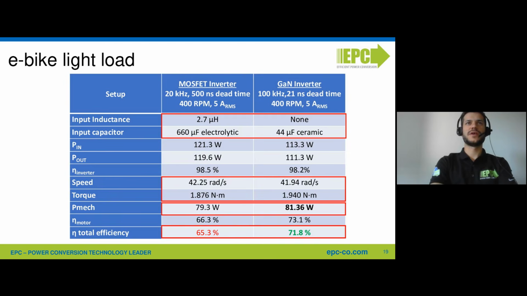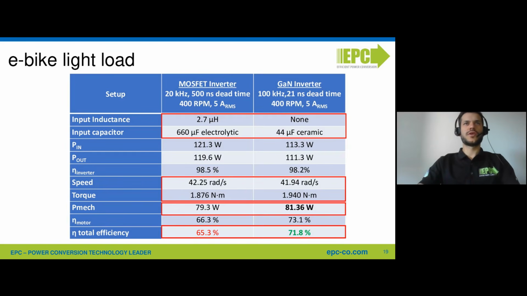So we have a MOSFET inverter driven at 20 kilohertz and 500 nanosecond dead times, running a certain motor in some conditions, so 400 RPM and 5 amps RMS in phase current. This was made, by the way, with monolithic integrated circuits. And on the other side, we have measured in the same conditions a gallium nitride inverter operated at 100 kilohertz with 21 nanoseconds dead time.